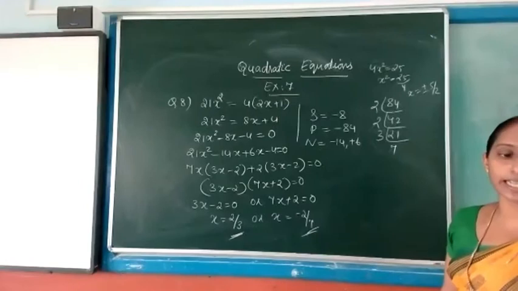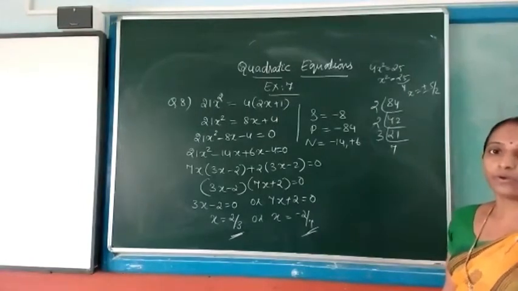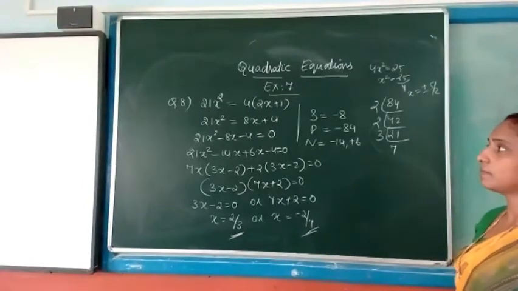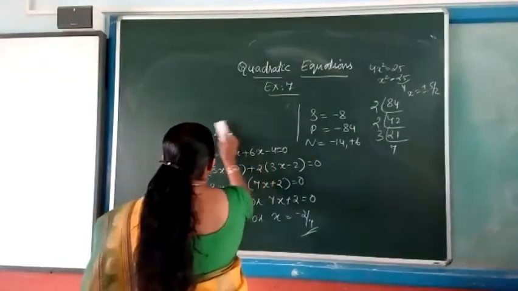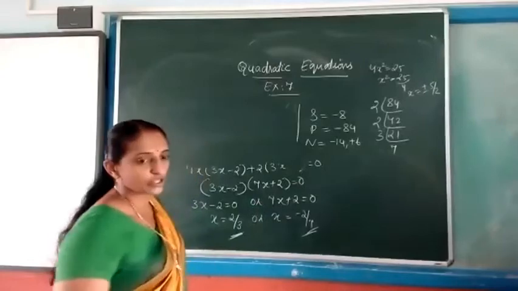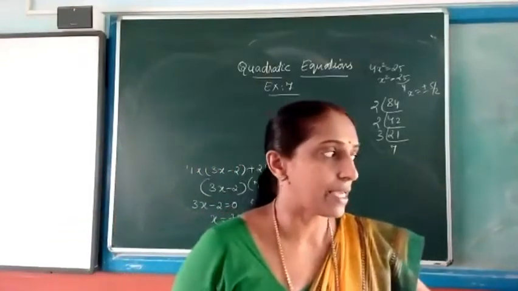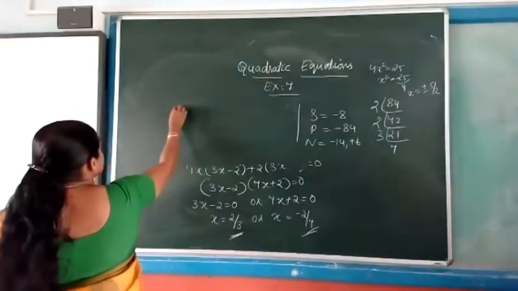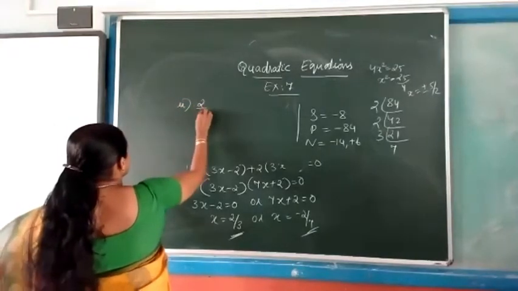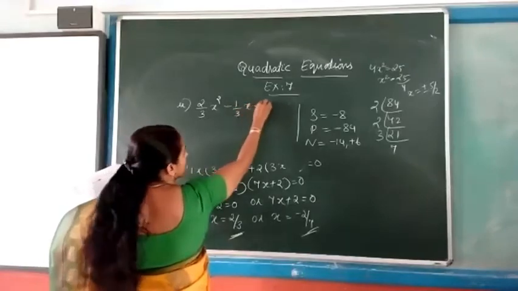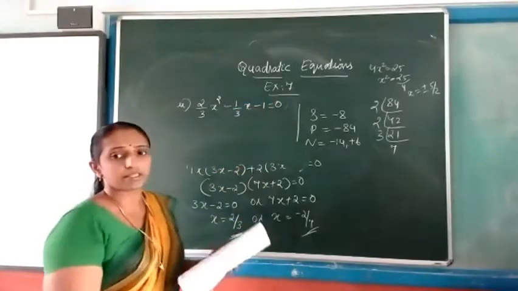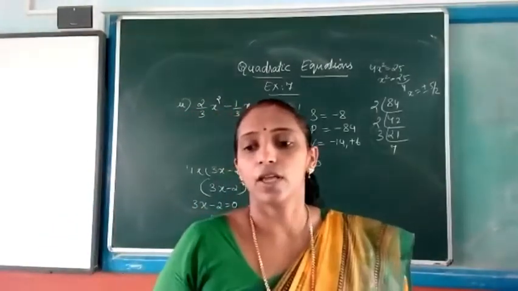Question number 8, second part. I will give the standard form only. The rest part you can do. 2 by 3 x square minus 1 by 3x minus 1 equal to 0. This is the equation given. Okay.